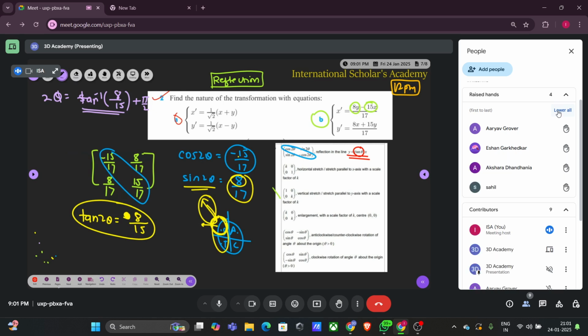Correct? Now, theta will be 1/2 tan inverse 8/15 plus pi/4. But you want tan theta, so you will take tan on both sides. You put this entire thing in the calculator and you will get the answer. I hope this point is clear now.